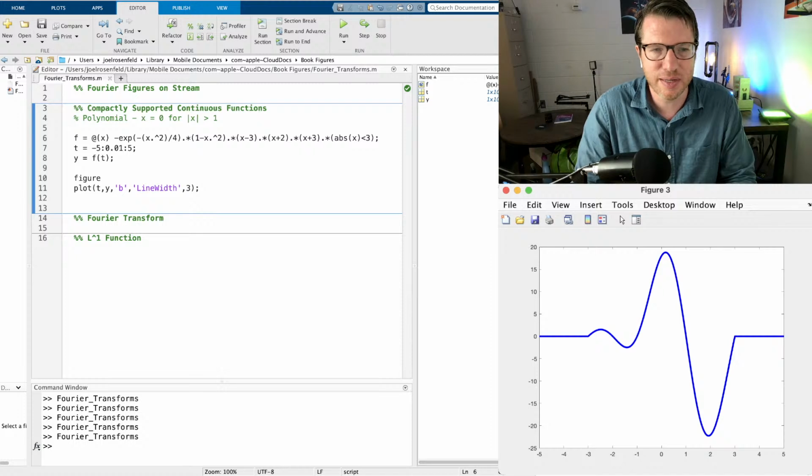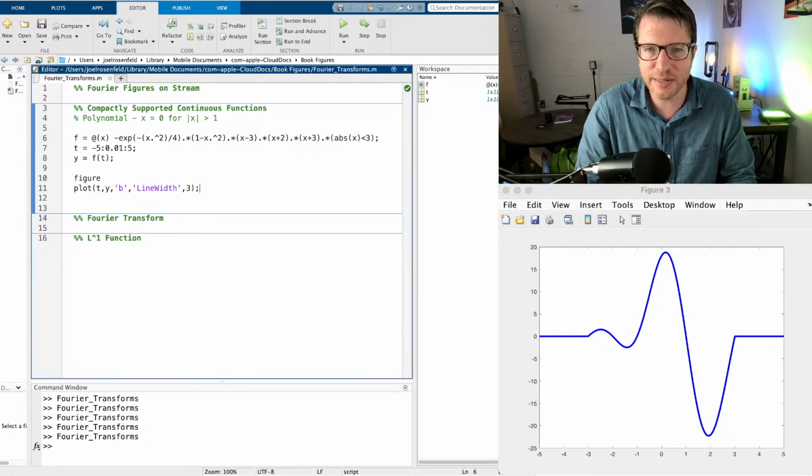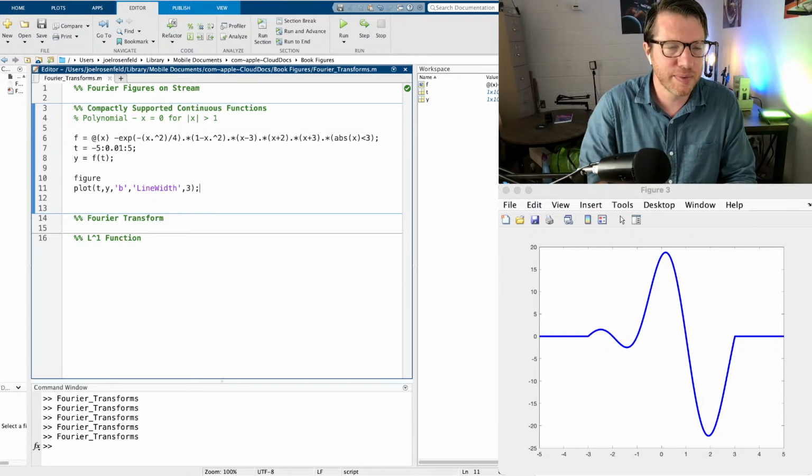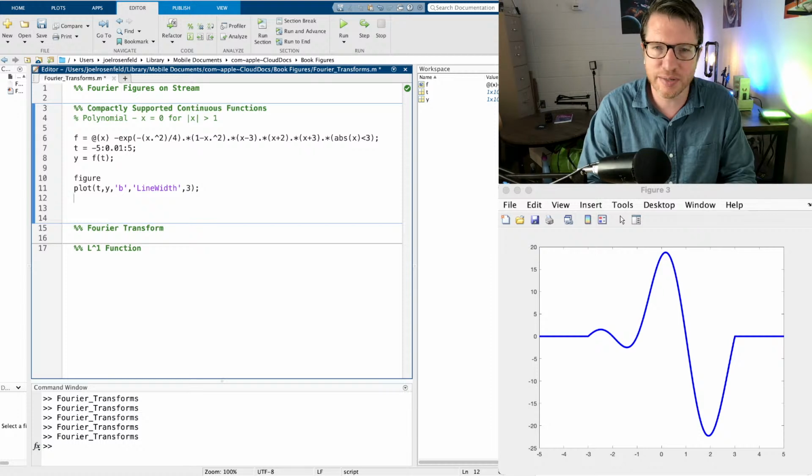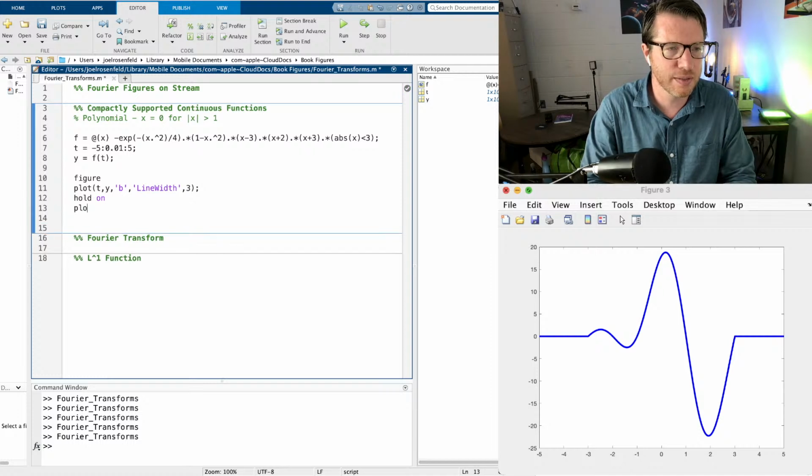All right, so what I'm gonna do is I'm gonna add on a 0 for whenever we're larger than 3. So I'm gonna plot something and gonna do it in red. So hold on, and we'll do plot.